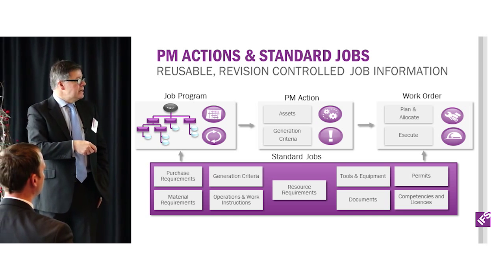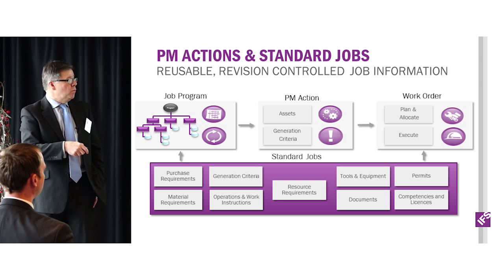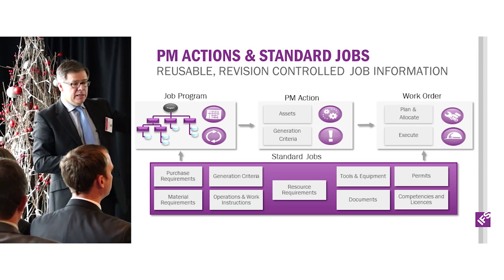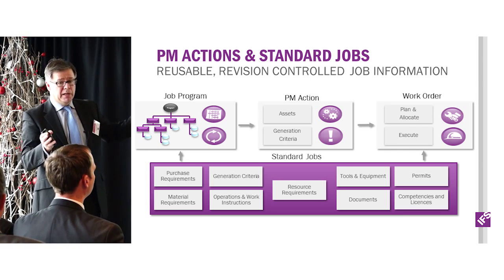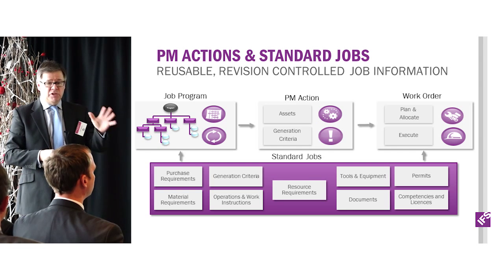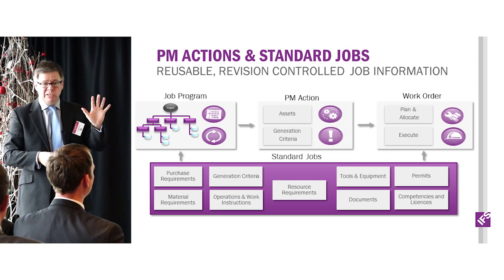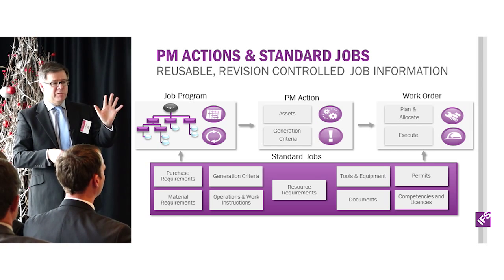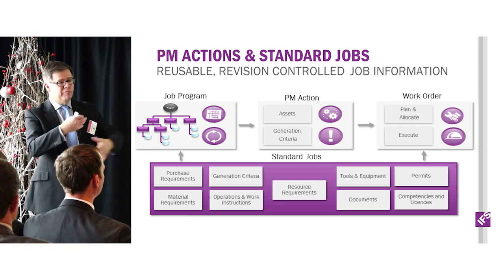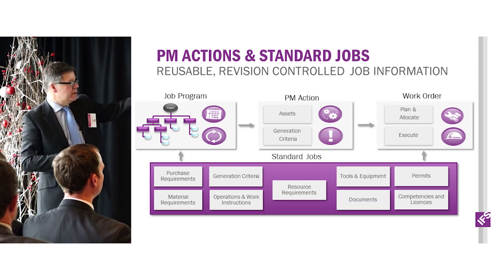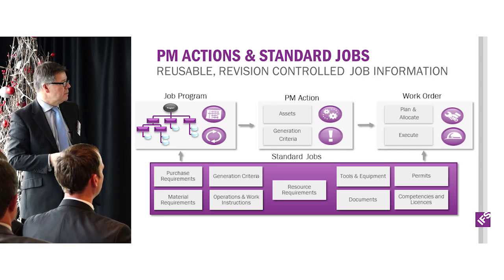Jobs get created and then they get executed on what we call a work order. Now, this can be as simple or as complex as you want. We can set up an asset with probably 3, 4, 5 pieces of information. We can set up a standard job with probably 3, 4, 5 pieces of information, and we can get the whole thing running in a very simplistic way if we wish. Or we can utilise all of the other capabilities.